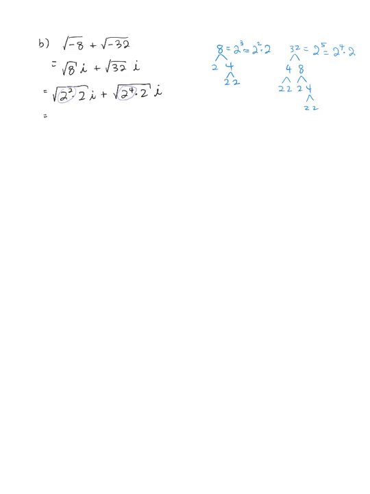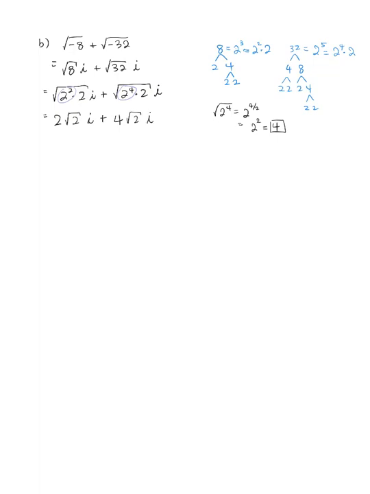So this becomes 2 square root of 2 times i. And then plus, remember, the square root of 2 to the 4th is the same thing as 2 to the 4 divided by 2, which gives us 2 squared. So this is going to be 4. So here we're going to have 4 times the square root of 2 and then i.